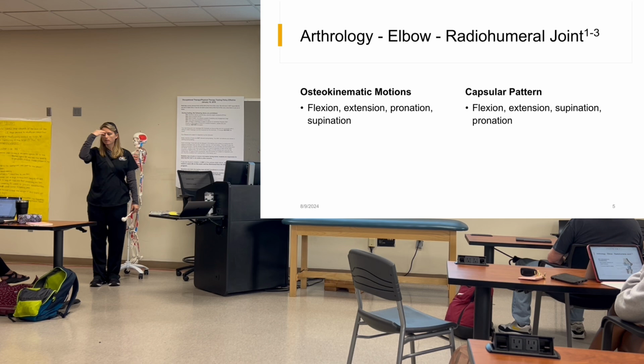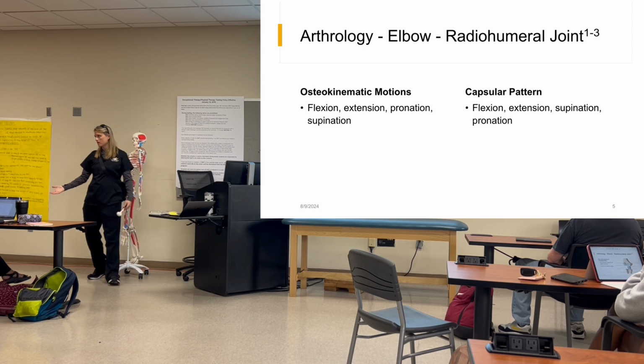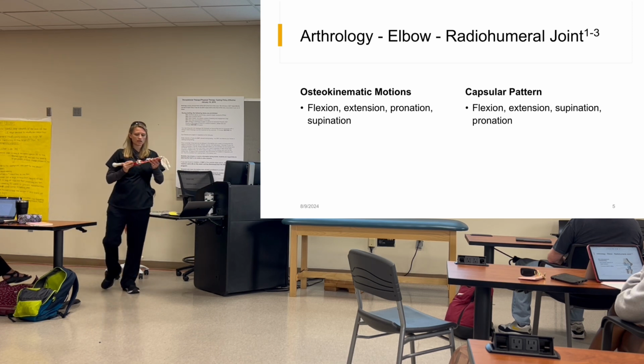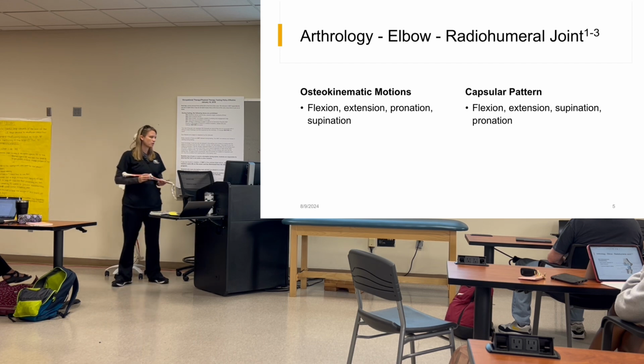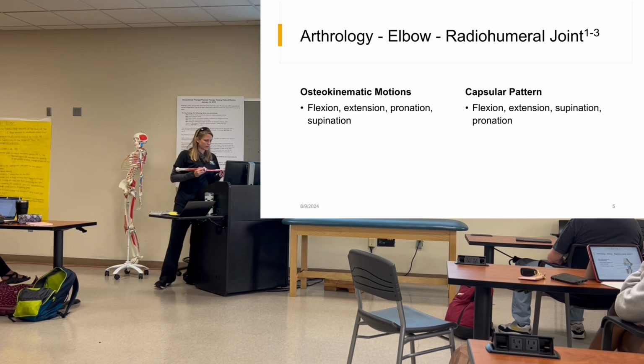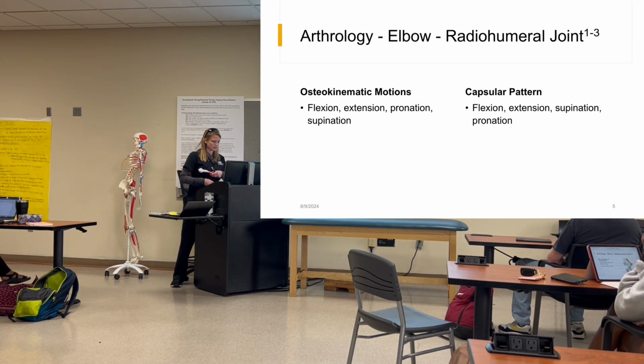Even though in your mind it may look like you're pushing posterior, it's an anterior glide because we're naming it in relation to the anatomical position. Does that make sense? So the pronation supination of the forearm complex and the elbow sometimes can complicate that a little bit. We'll review that, but I just want to plant that seed in your mind to remember everything is named in relation to anatomical position.